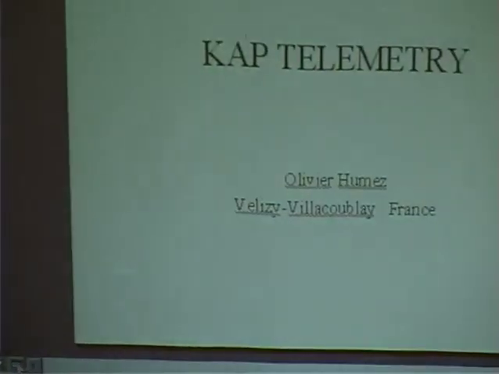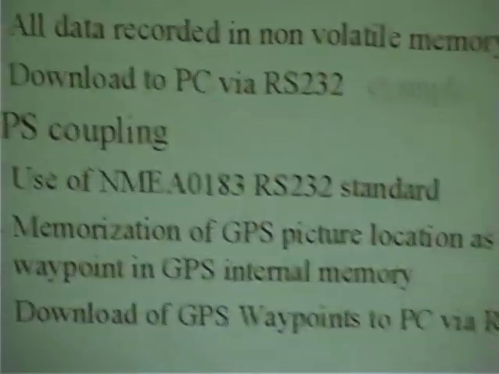Does the data that you get show which direction the camera is pointing? Does it only show the location? No, because the GPS only shows the direction when you move.